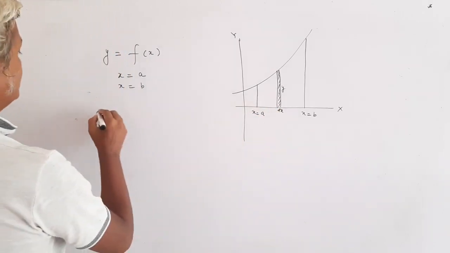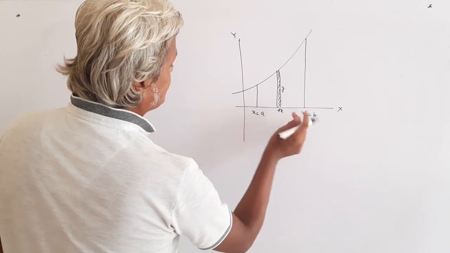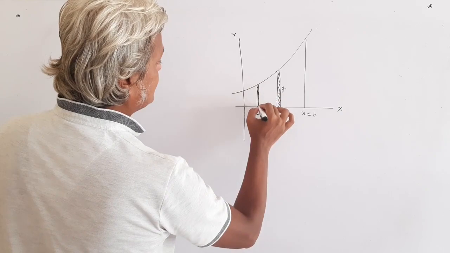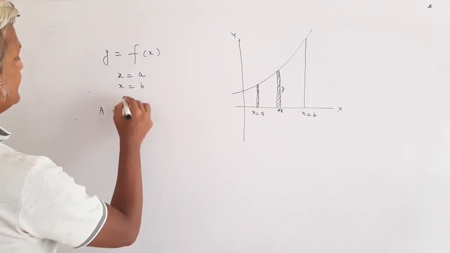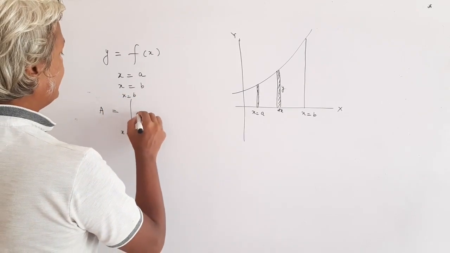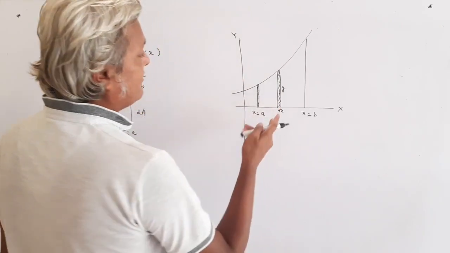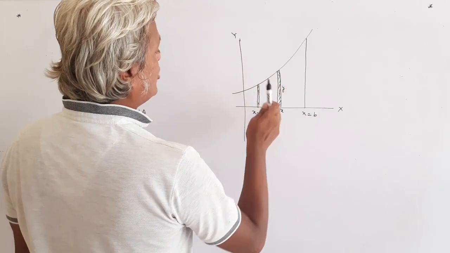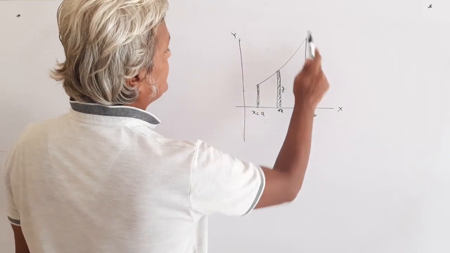Area A will be, assuming this whole region is divided into a large number of such strips and we add them up, from the limit x equal to a to b of dA. dA is the area of this strip, and we assume the strip sweeps from here to here so as to cover the area between these two points.